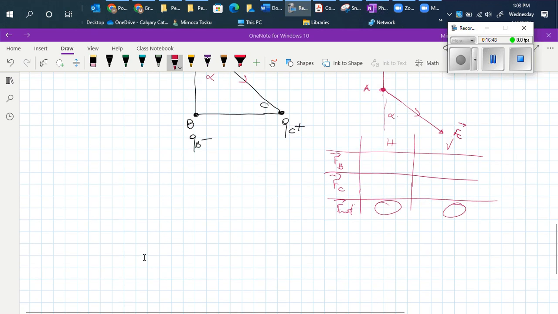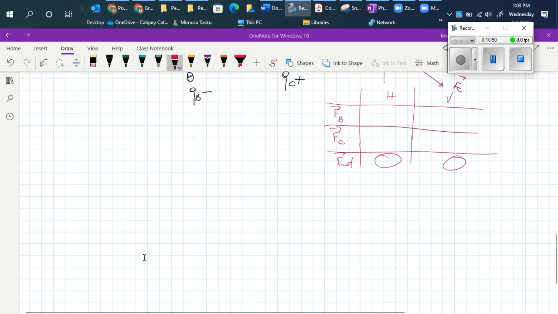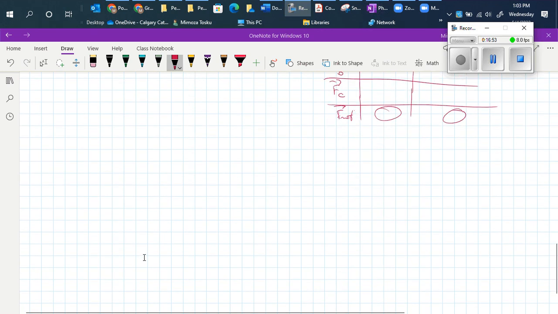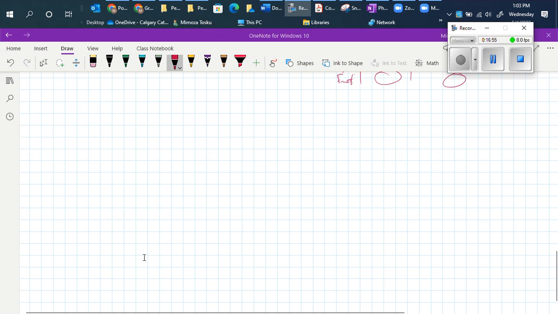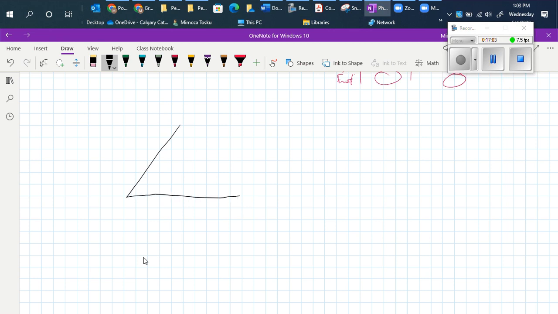The second subtype that we have in the 2D situation is when we have the charges in an equilateral triangle. We saw that example the other class. So just keep in mind that an equilateral triangle is a triangle whose sides and angles are equal to each other.